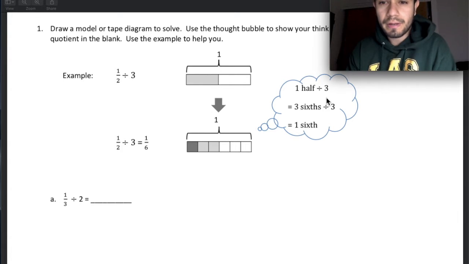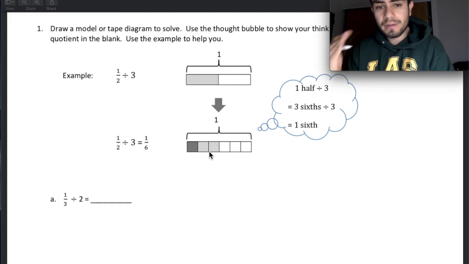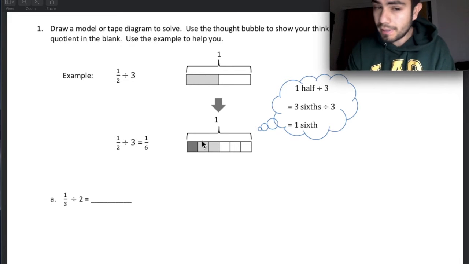So they did that so that they could actually divide it by 3. Now, you can't do 1 divided by 3 equally, but if you take that 1/2 and you split it into those 3 parts, you definitely can now share it between 3 people, or divide it by 3.